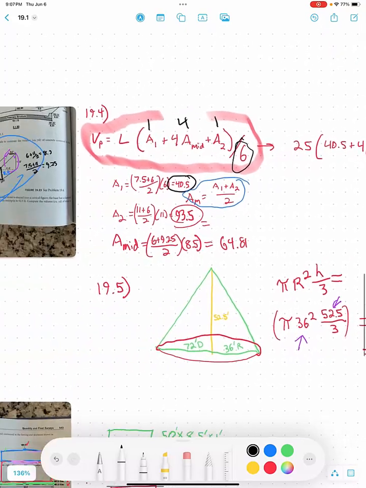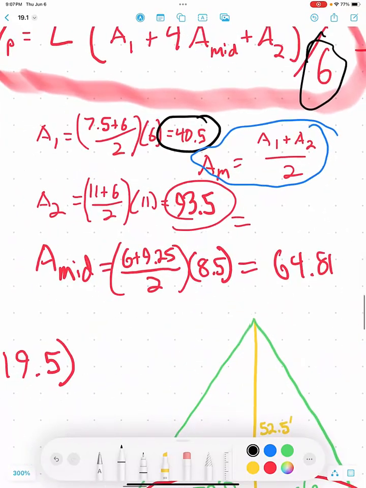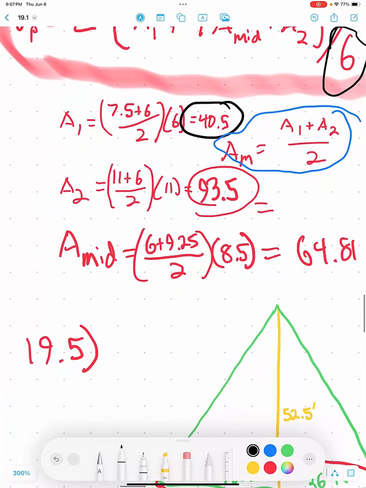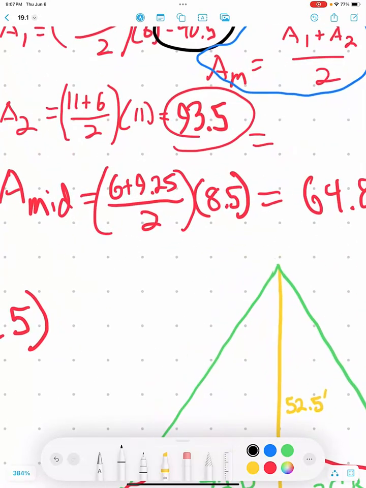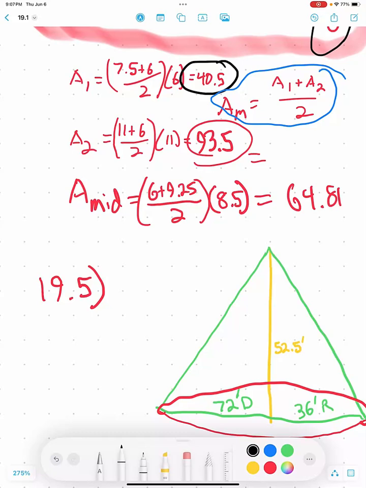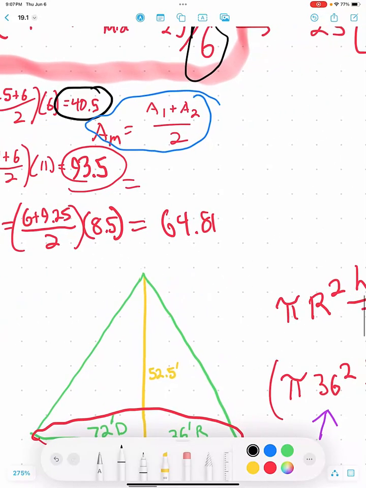Area 1 is 7.5 plus 6 divided by 2 times 6, so width 1 plus width 2 divided by 2 times height is 40.5. Area 2 is 11 plus 6 divided by 2 times 11, so 93.5. Area mid is 6 plus 9.25 divided by 2 times 8.5, so 64.81.